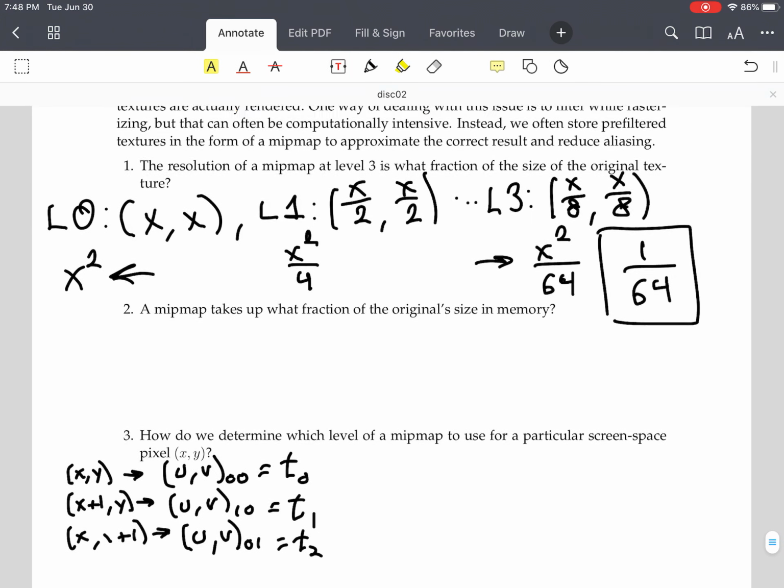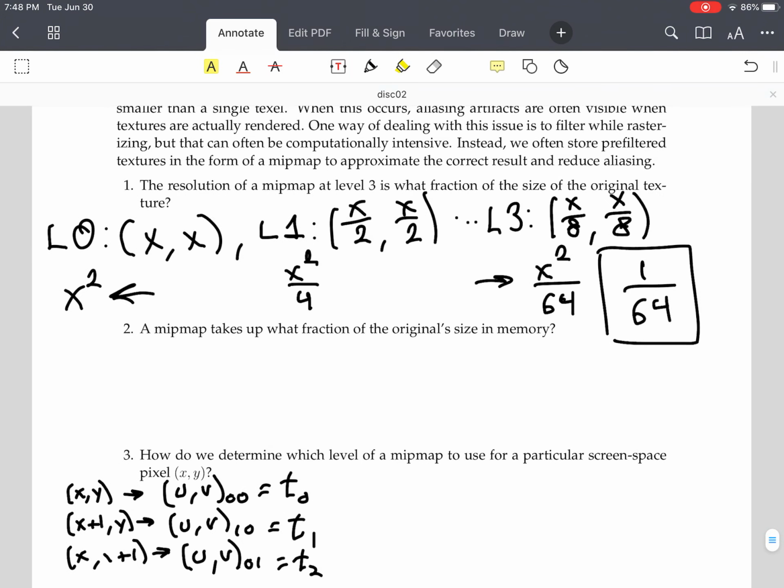So, now that we know that, let's move on to number 2, which is related, and ask, a MIP map takes up what fraction of the original map's size in memory? Right here in problem 1, we saw the first level took x squared, the second one took 1/4 that, then 1/16, then 1/64. If you think about this, we can write this out as an infinite series.